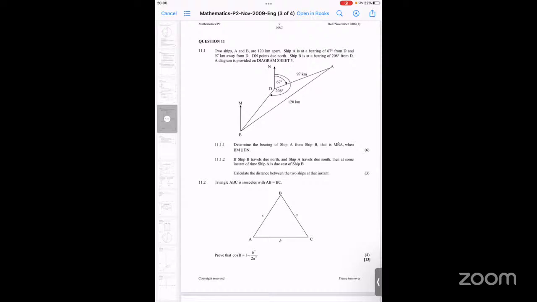The only tip that I can give is that, maybe let me not even give you a tip. Should I give you a tip? No. Let me not give you a tip and just let you guys work on it.